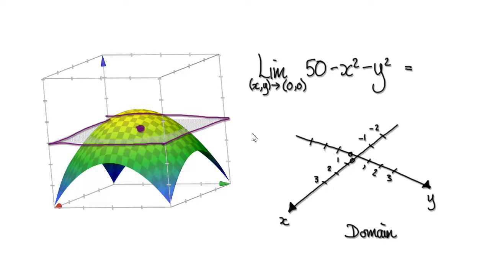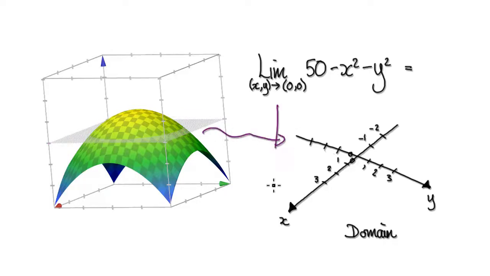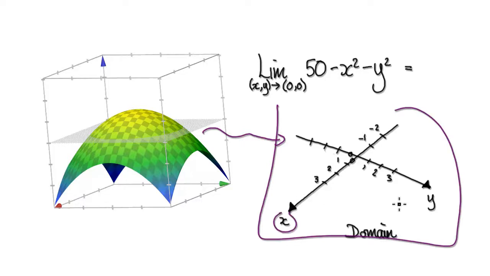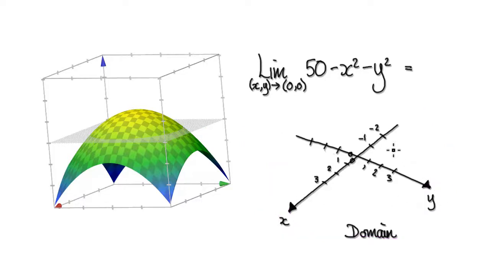Okay, so in your mind, the domain, which is your x and y 2D plane, as you head towards the origin, it doesn't matter how you head towards the origin. The idea behind the limit is that it must be satisfied in all directions.